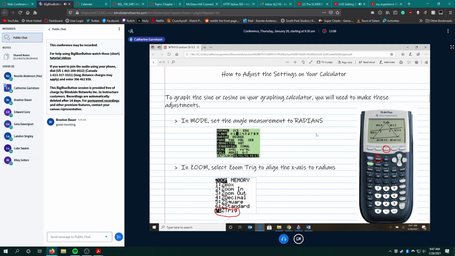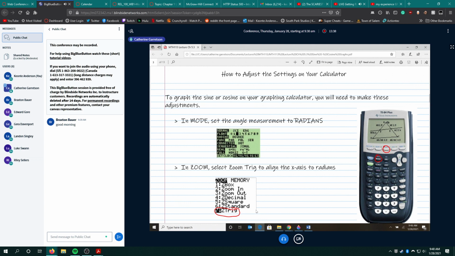Okay, so now that I've made sure I'm in radians, one of the other things you would like to do, you don't have to, but this is nice, is align the x-axis so it's divided up into pi over 2, pi, 3 pi over 2, and 2 pi. Normally you go to zoom, and it brings up a submenu, and normally you're in standard, zoom 6.